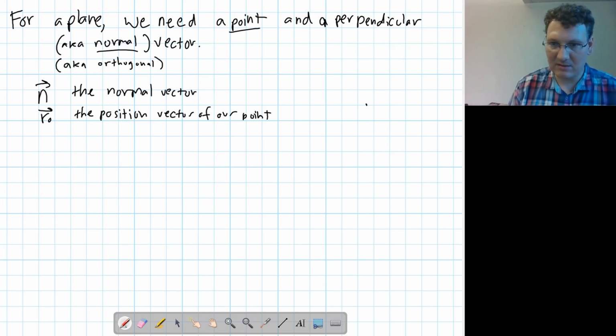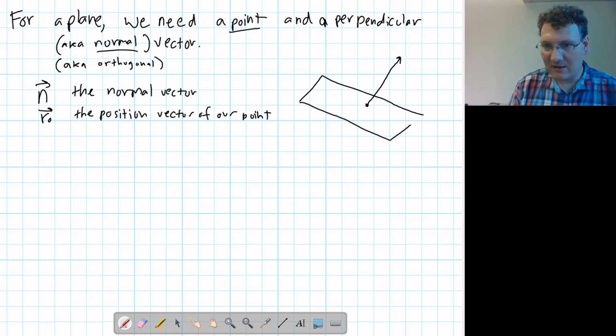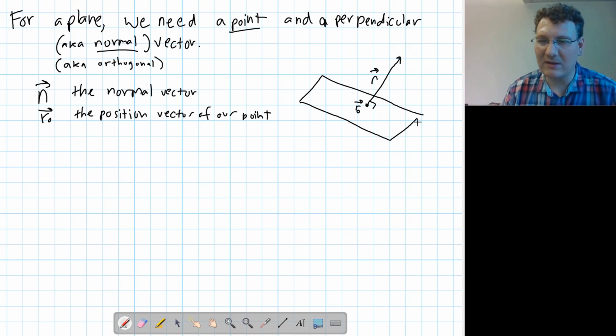So we have this point, we have a normal vector, and then we define the plane as all the points on the plane that are going to be defined in this way.